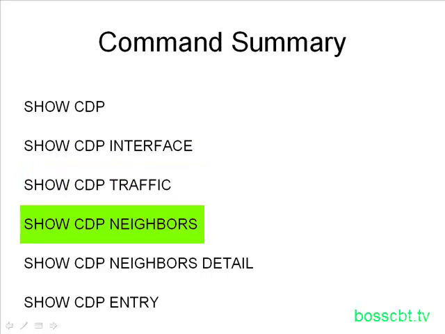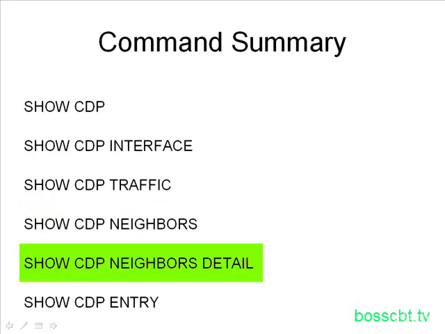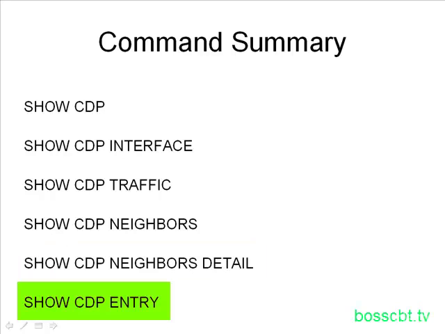Show CDP neighbors shows us the brief output of all the neighbors and the basic information we exchange and receive. Show CDP neighbors detail gives us all the neighbors but with more detail, and that's why we have the detail parameter on there. And then finally, show CDP entry will give us the same information that we learn via show CDP neighbors detail, but just for one particular neighbor.